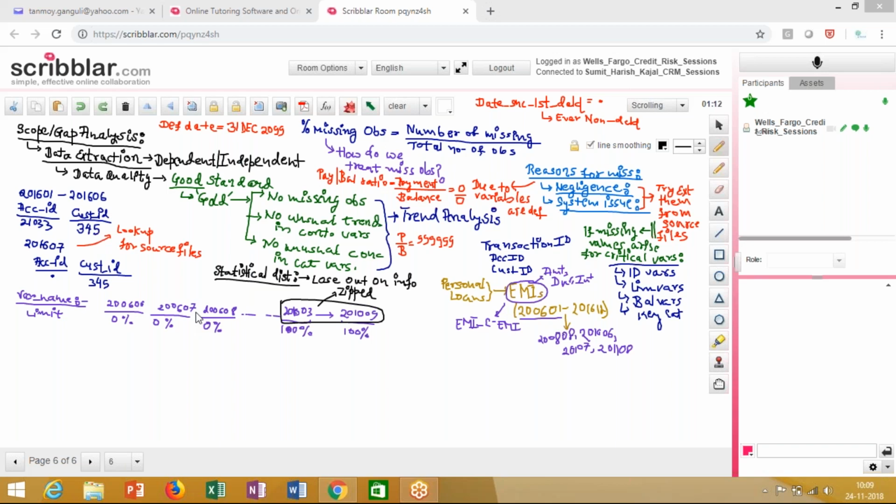From the missing observations analysis, we remove those variables which have missing values at different points of time, and only keep variables with 0% missing observations throughout the time period.